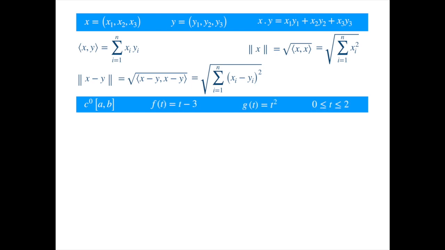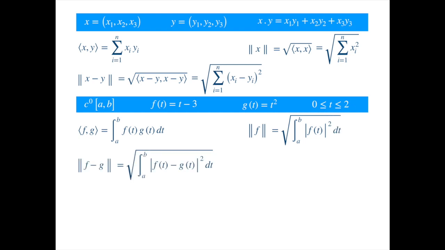We can define an inner product here, analogously to the Euclidean example. We have just replaced the x and y by the functions and the summation by integration. You may see this as a shift from a finite dimensional space to an infinite dimensional space. And the norm and the distance between two functions can be defined in a similar way.